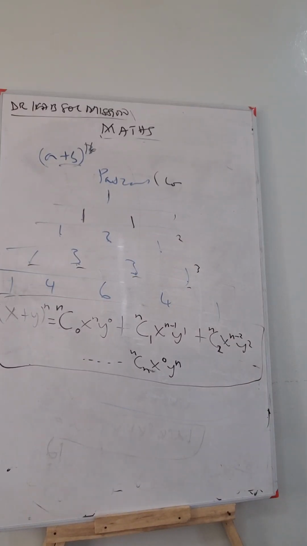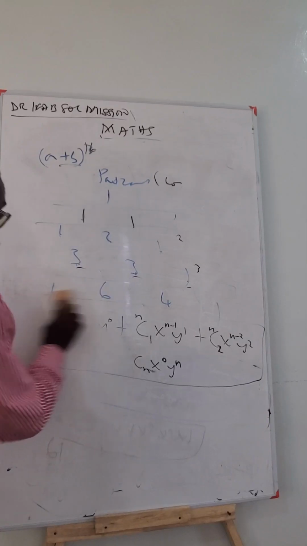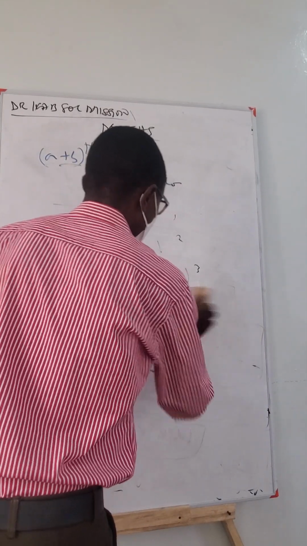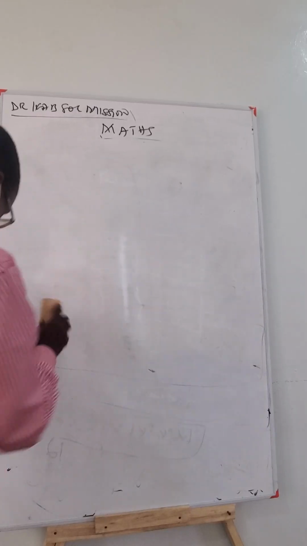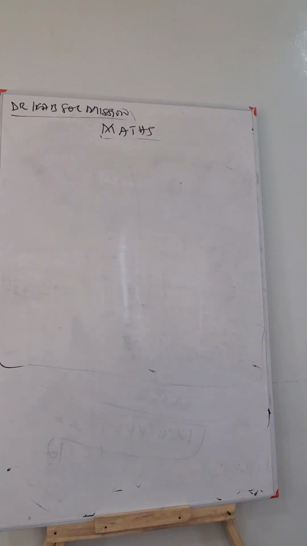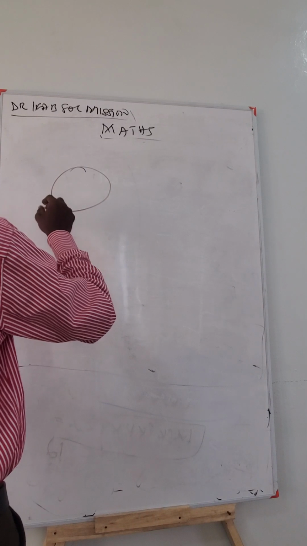Now the last part that I want us to look at, so that we close the chapter for this discussion, is the around-table arrangement for permutation.